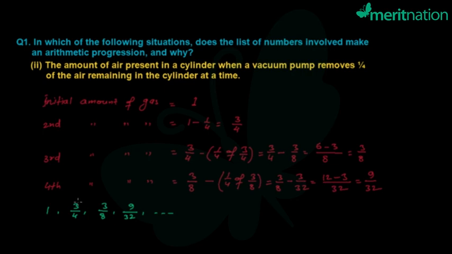So what is the difference between the first 2 terms? Second term minus first term will give 1 by 4, because we had subtracted 1 by 4. So the difference between them is, let's calculate it. It's better to calculate.